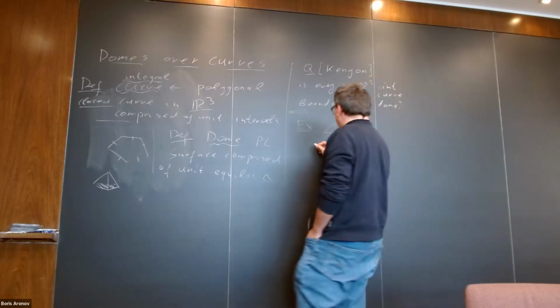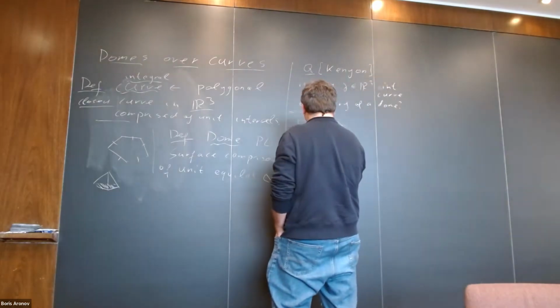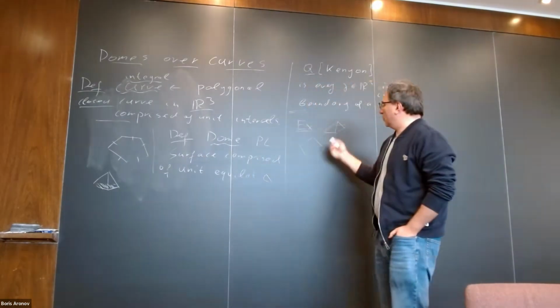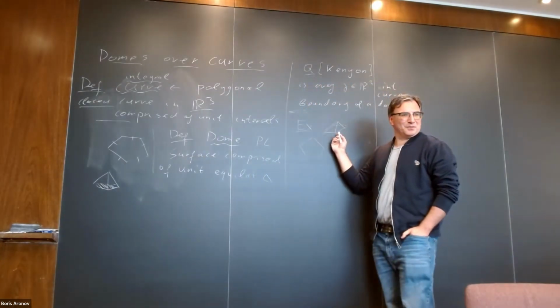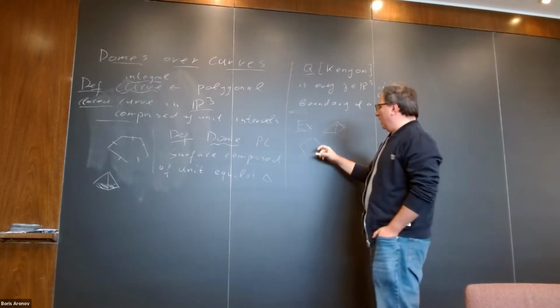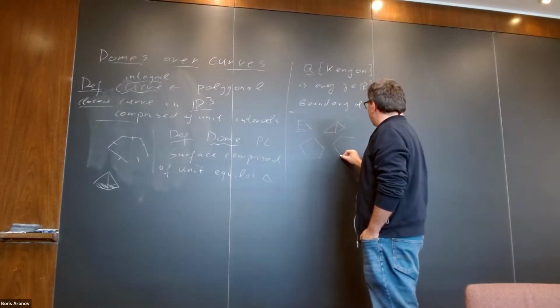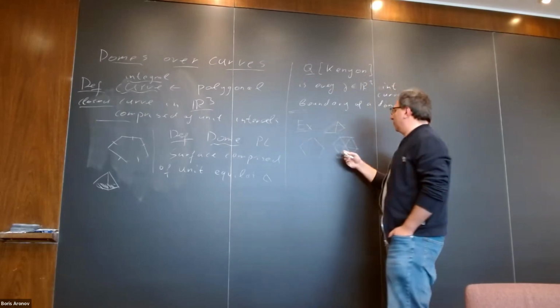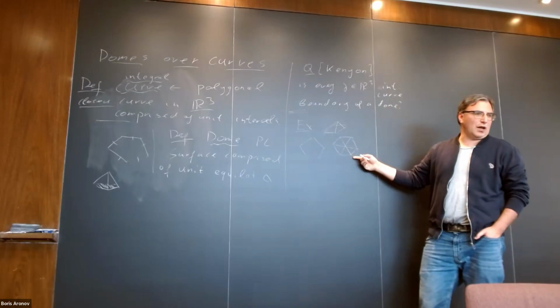All right. The next one would be the regular pentagon. You can do the same. Regular hexagon is even easier. You're done, you can just tile it with triangles.